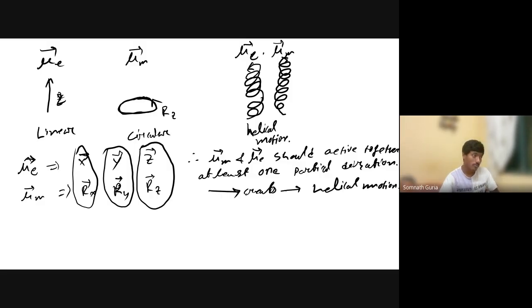So now my transition moment integral should be 0 or 1. If 0, that is forbidden. If 1, that will be the allowed transition. Another interesting part is the transition moment integral. Now we are coming to the point group with respect to which the point group is actually active for optical activity.